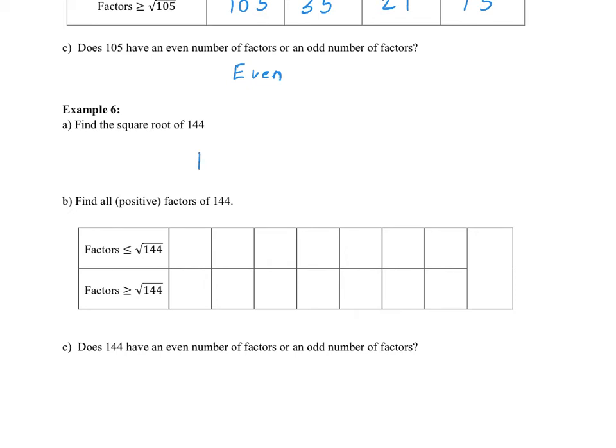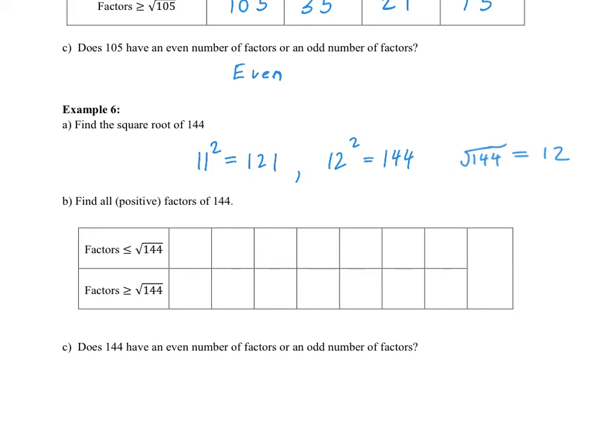So from above, we did find that 11 squared was 121. So working forward, maybe we'll do 12 squared, which is 144, and that's exactly the square root. So the square root of 144 is 12.